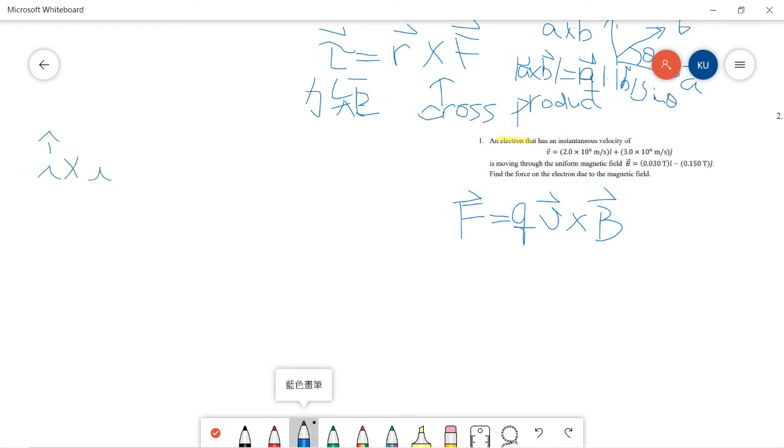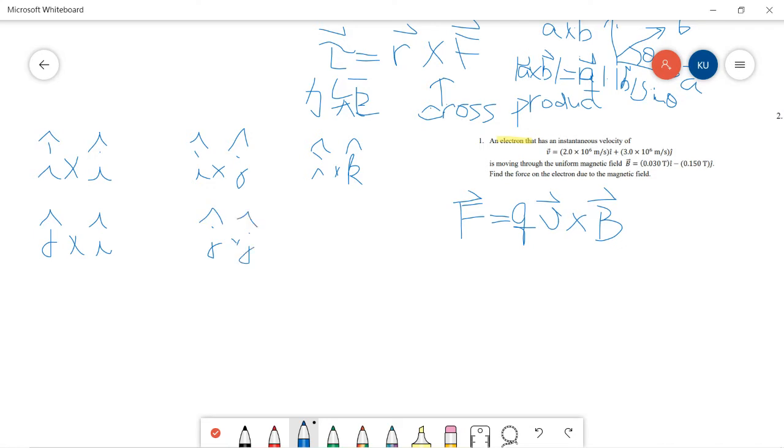We may have I cross I, I cross J, I cross K. I, J, K are the unit vectors in the X, Y, Z directions. And we have J cross I, J cross J, J cross K, and K cross I, K cross J, and K cross K.